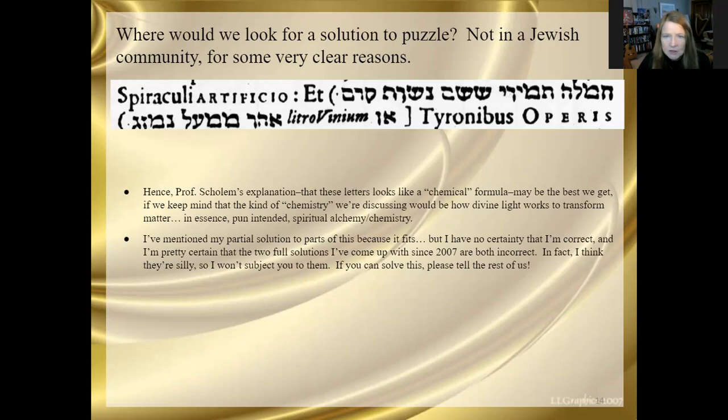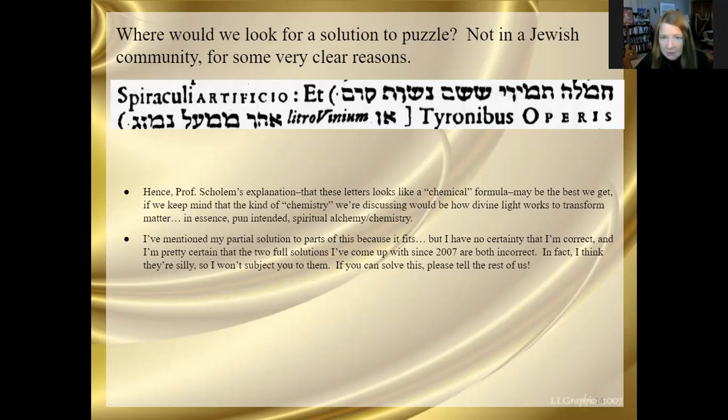Think of the discussion Raphael Patai has in his very long book, The Jewish Alchemists. Yes, he's looking at the spiritual study of alchemy, but also at early metallurgy text in Hebrew, kind of like what we saw with early metallurgy text in the Codex Marcianus Graecus 299. So I think that's what this has to be.